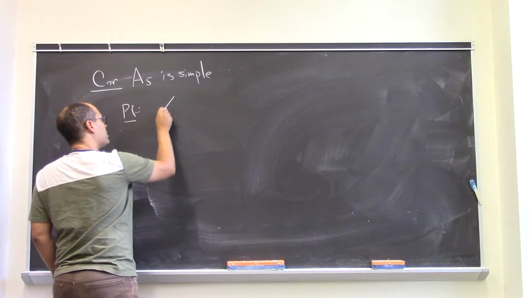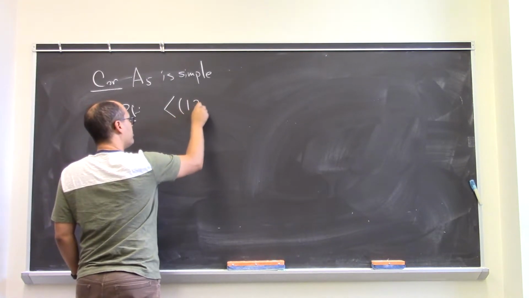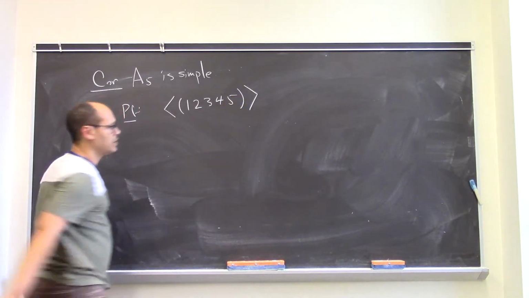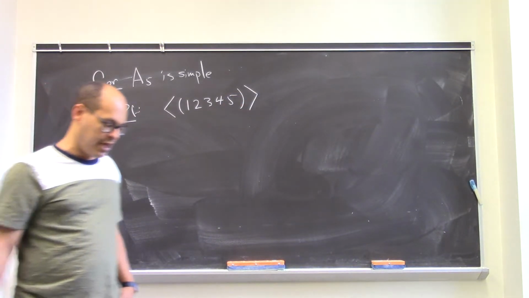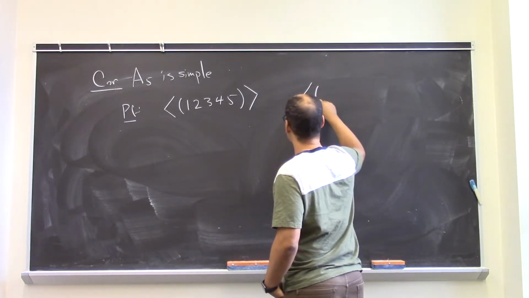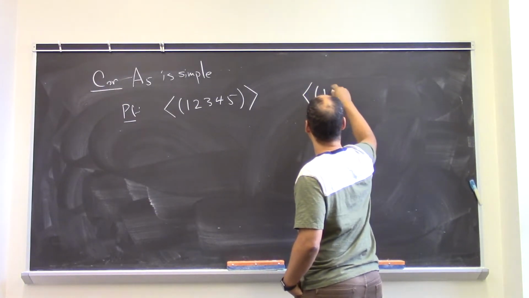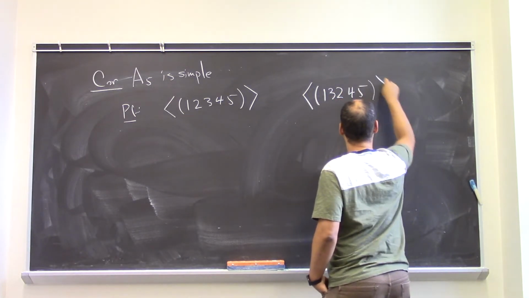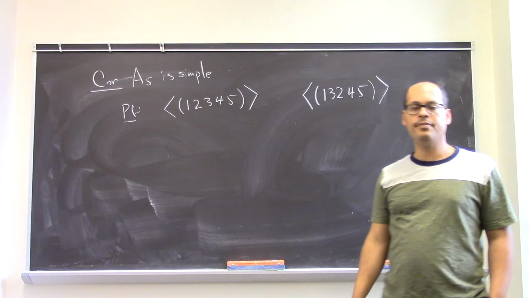Well, I can look at the subgroup generated by this 5-cycle. It's a nice even permutation. Order 5 generates a subgroup of order 5. And I can look at the subgroup generated by (1 3 2 4 5). That guy.